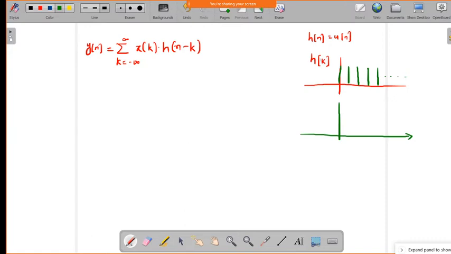If I take x of k minus 2, it will shift the signal by 2 in the forward direction, and if I take h of k minus 3, it will shift the signal by 3 in the forward direction. Similarly, I don't know the value of n, but I shift the signal by n. So what will happen?